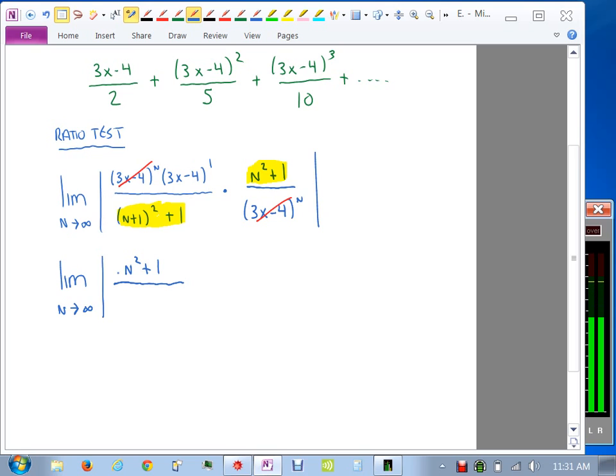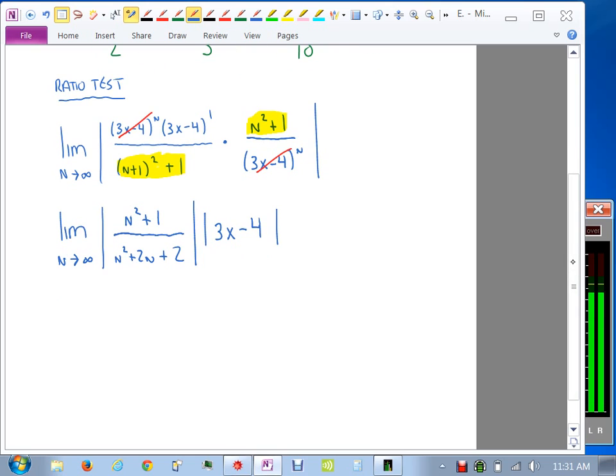I'm going to go ahead and, is it all right if I multiply that out? Okay, what would you get if you did (n plus 1) squared plus 1? Plus 2, okay? And then in absolute values, the stuff with the x in it. So that's what, 3x minus 4? Any questions on that?